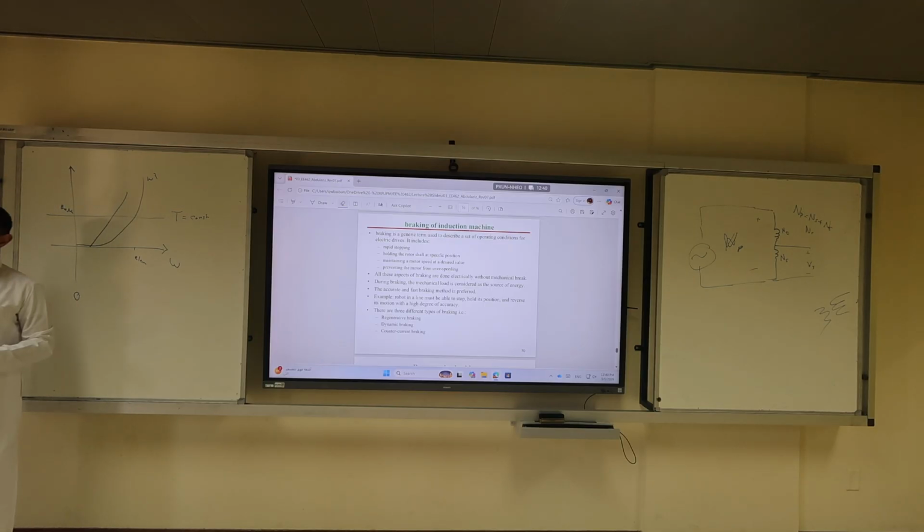Usually there are always three types of loads, and always your motor. So if you have the same motor, you connect different loads. For this capability curve, if you connect a constant torque, you're operating at the linear region.